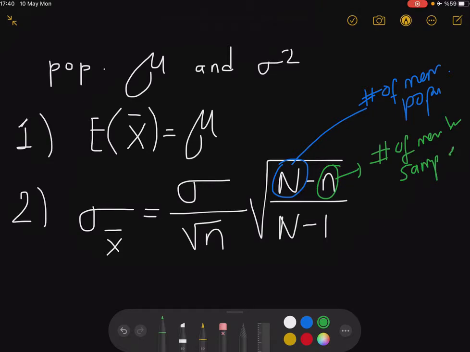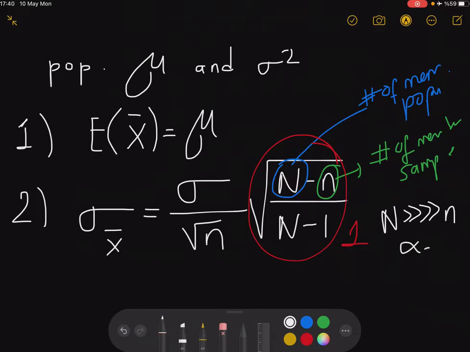Considering that capital N is usually much larger than the small n, this part can be easily rounded to 1. Why?